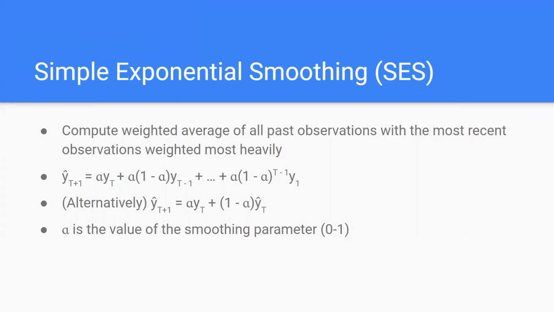Should this value be closer to 0, then more weight is given to observations farther in the past. By contrast, a value of alpha closer to 1 would cause more weight to be given to more recent observations. When alpha is equal to 1, then the simple exponential smoothing method will have the exact same forecast as the naive forecast.